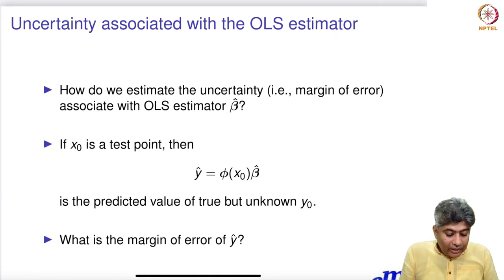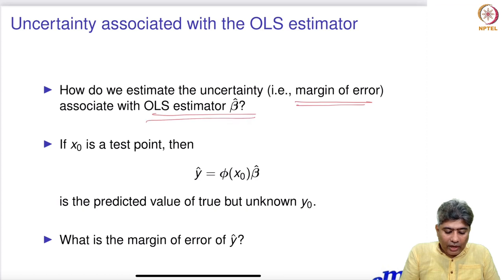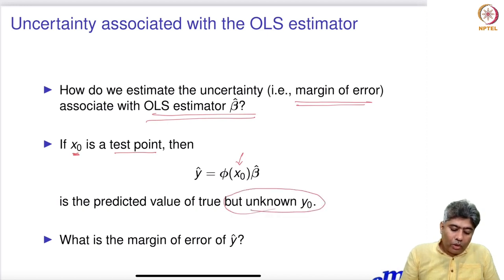Now, the question is the uncertainty associated with this OLS estimator. How do we estimate the uncertainty, that is, the margin of error associated with the OLS estimator beta hat? If x naught is a test point, you plug the x naught in, you take the beta hat and you get the y hat. So y hat is the predicted value, but the true y naught is unknown.